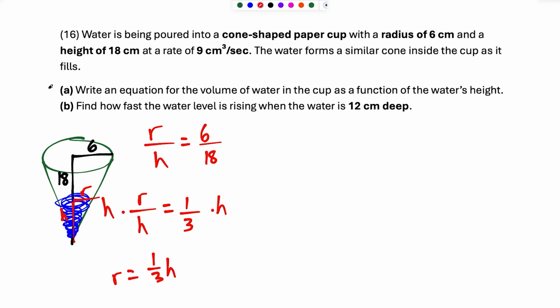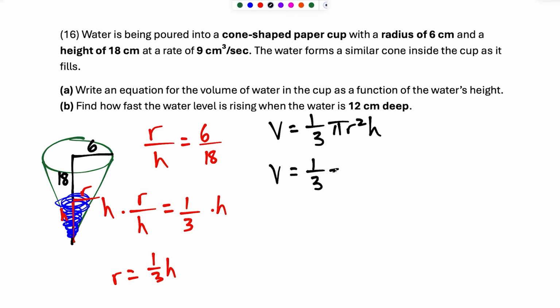And now this is going to help us answer part A. The volume of a cone is 1/3 pi r squared h. So if we want to write an equation for the volume of water as a function of the water's height, then we need this to be all in terms of h, not r and h. So now I just make a substitution.